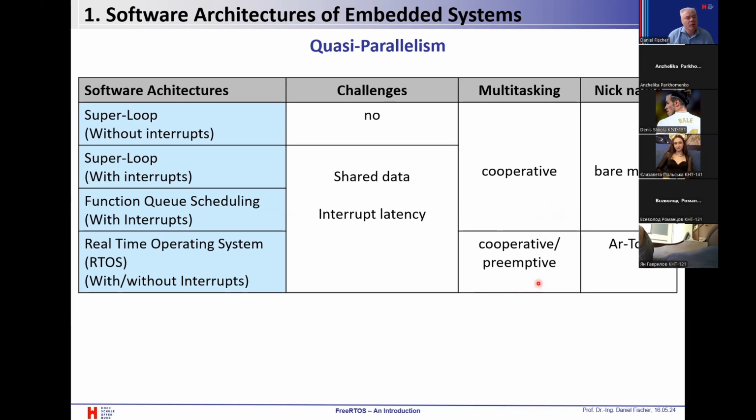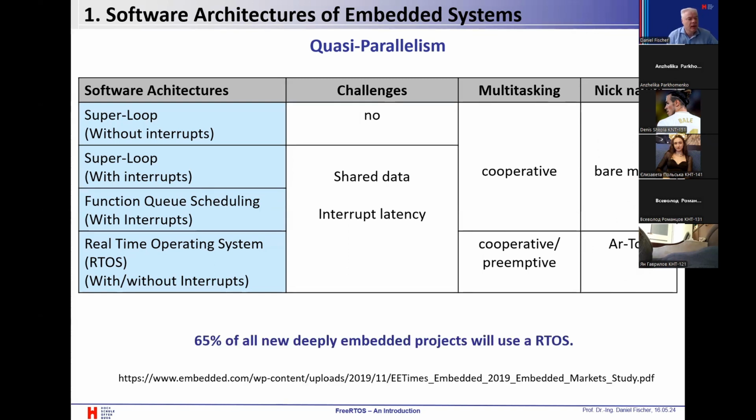Here in a real-time operating system, we have also the possibility, and this is what we are using, it's preemptive. That means a higher instance, the scheduler, can stop running tasks, and other tasks can later get the control and get the CPU. Here we sometimes use some nicknames. The first three architectures are called bare metal. The last one is called RTOS.